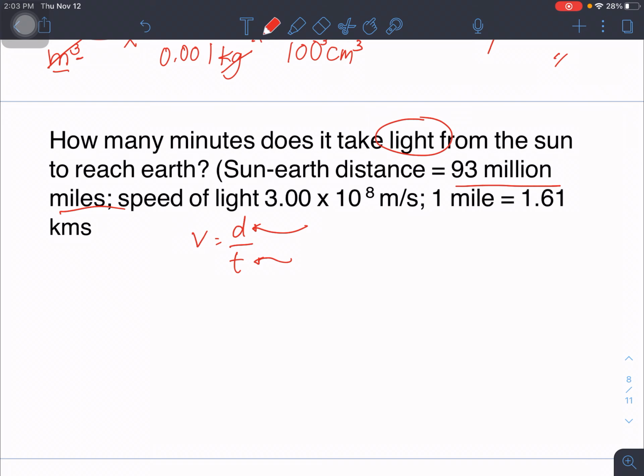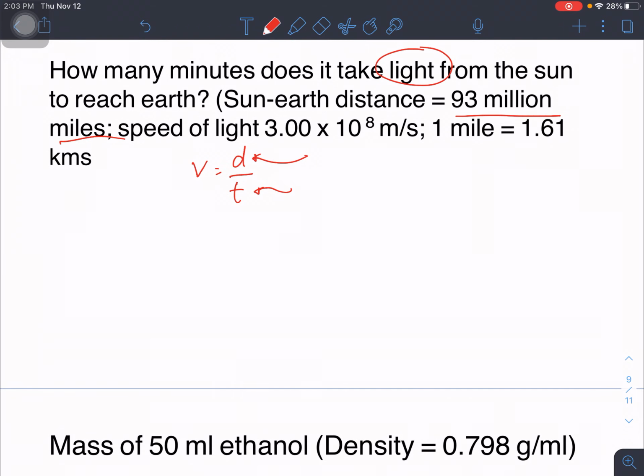Okay, so let's try to solve. So we are given that the distance of earth to the sun is 93 million, and the unit of length is miles. So we should relate it with the time.